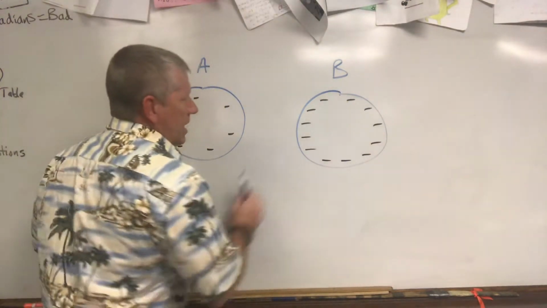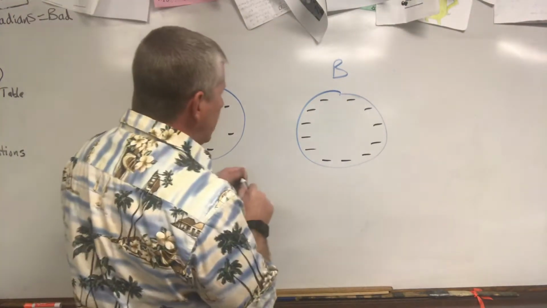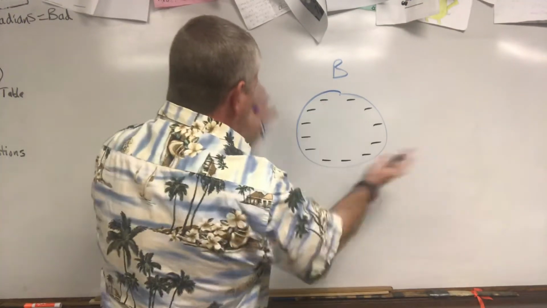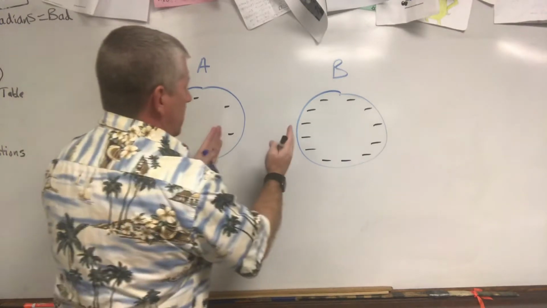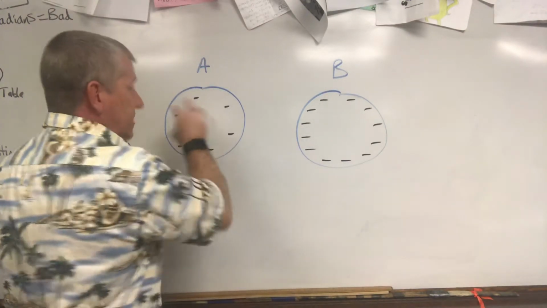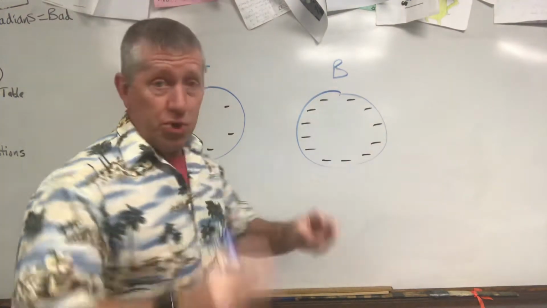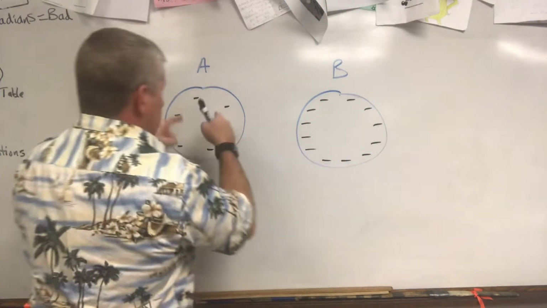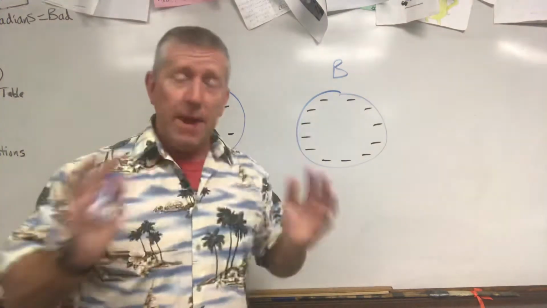Well, nature likes balance. Remember, these negatives go to the surface because they don't like each other. And if they have a chance to get away, they're going to do that. Now, if this ball comes over here and touches, this ball has less negative charge. This one has more. There's more push to get away from each other and less here. Some of these are going to go into this ball in order to try to balance out the negative charge.